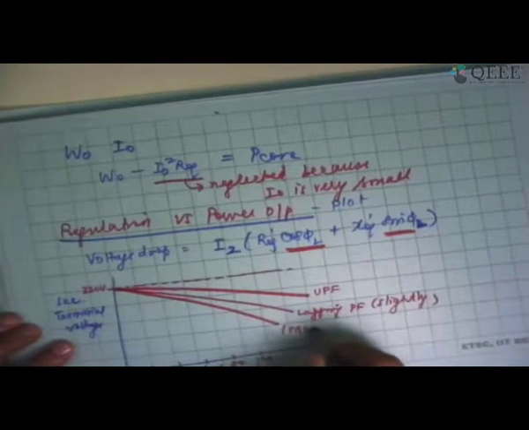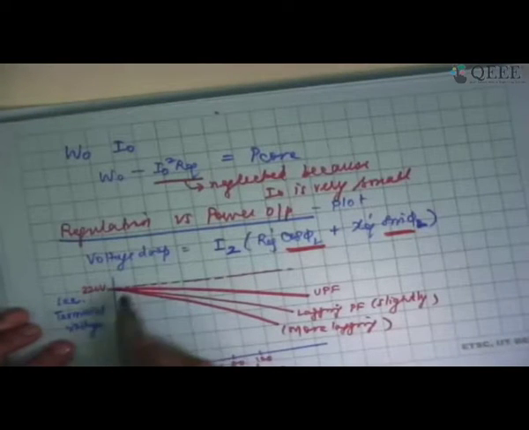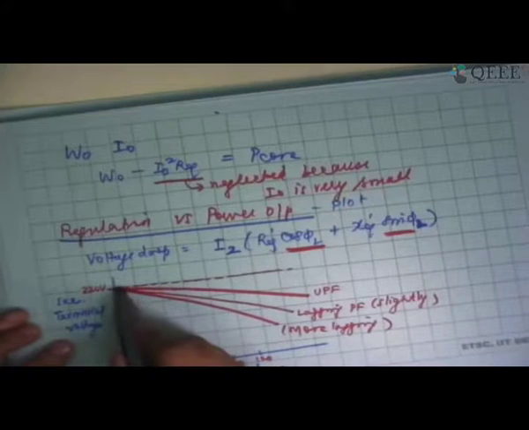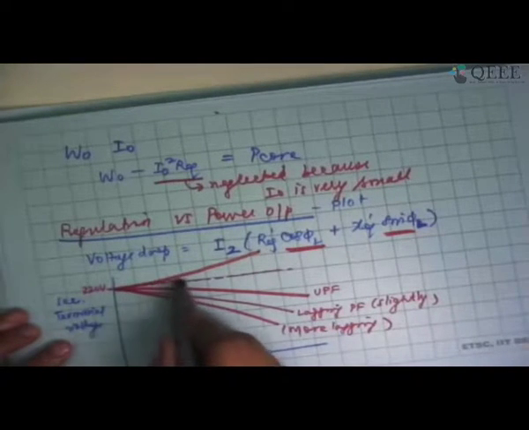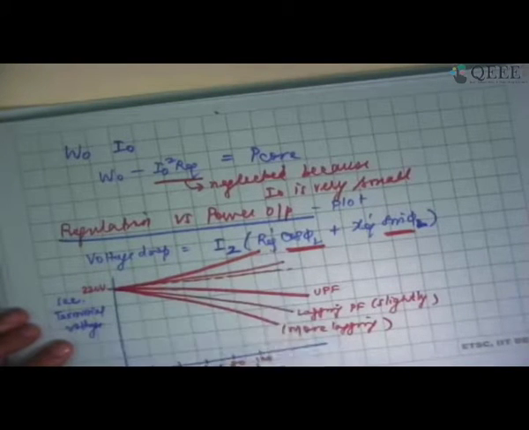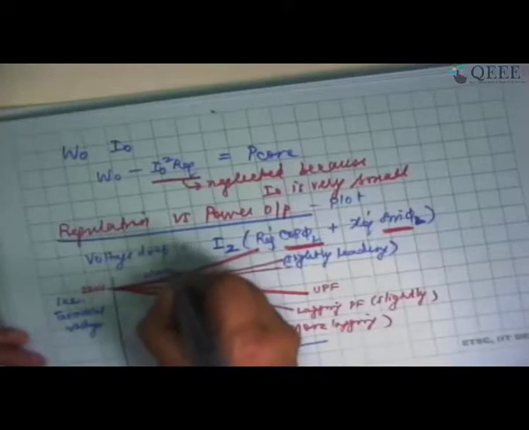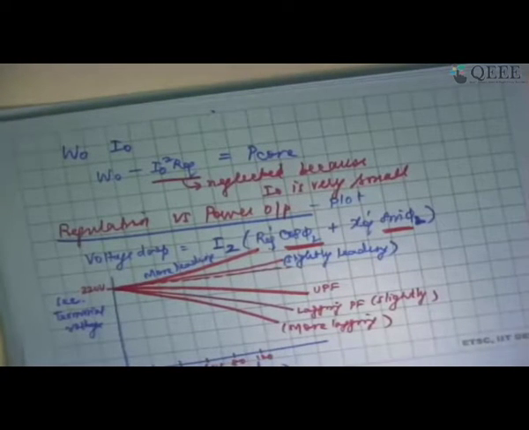So more lagging. Now, if I am talking about leading power factor load, I may have the voltage increasing sometimes. If it is slightly leading, it will almost be maintained constant, almost. So this is slightly leading, whereas this is more. I hope this is clear.